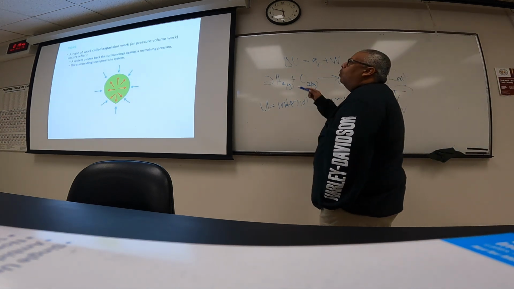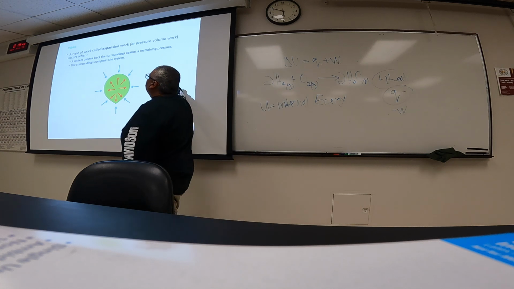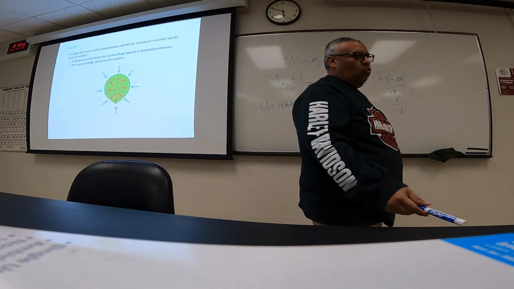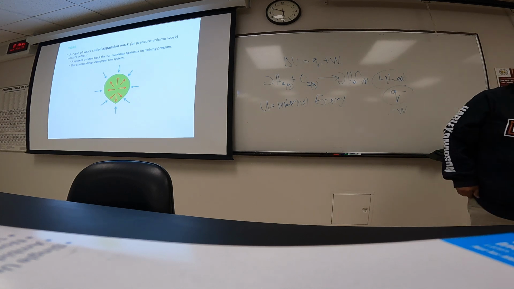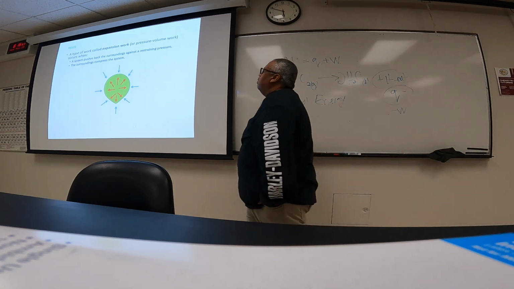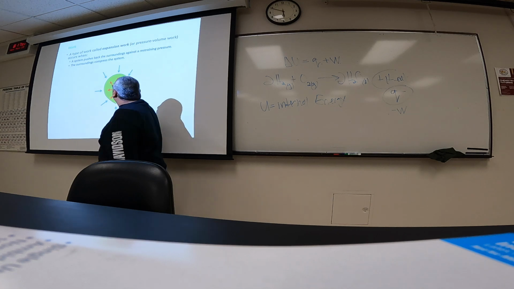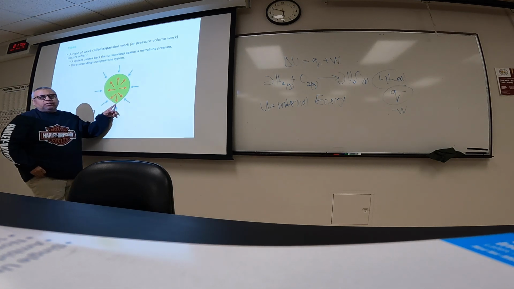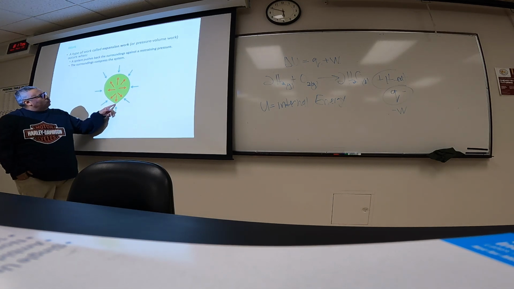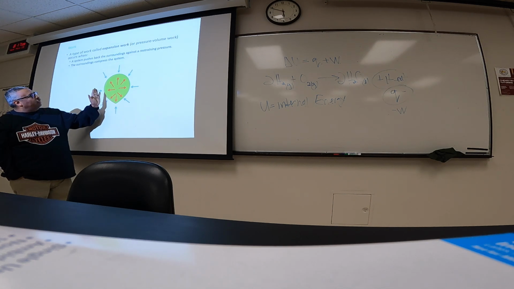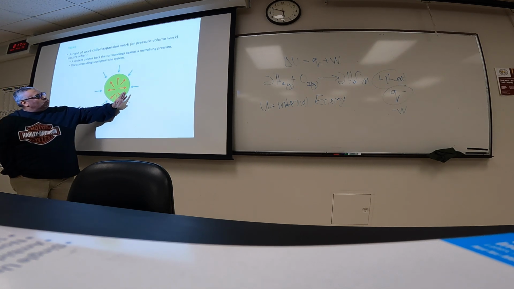So one type of work is what we consider to be pressure volume work. So here, the system is pushing back on the surroundings. So let's imagine this is a balloon here. And we're trying to just kind of understand this pressure volume work, because there is some resistance here.